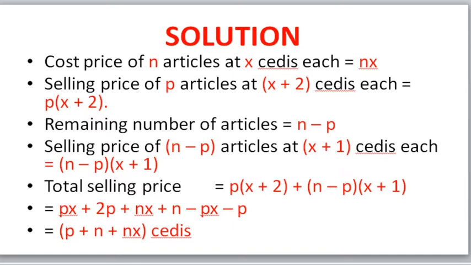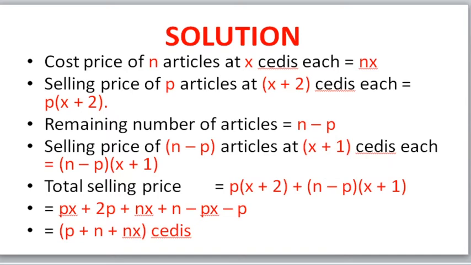The figure itself is not given, so let's just assume our N is 50. Let's say 50 articles or 50 oranges, let's say for 1 cedi each. I'm just giving a scenario. Then to get the actual cost price, you are going to use your 50 to multiply your 1, which will be 50. That was your cost price.